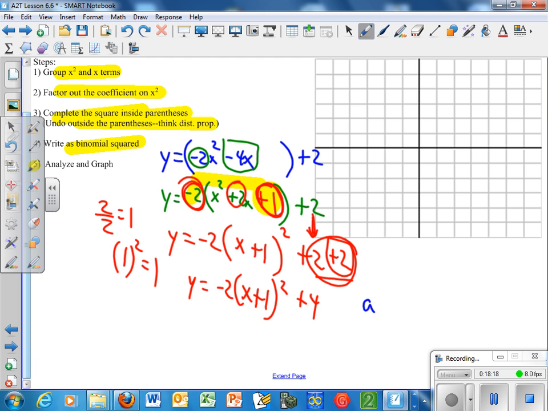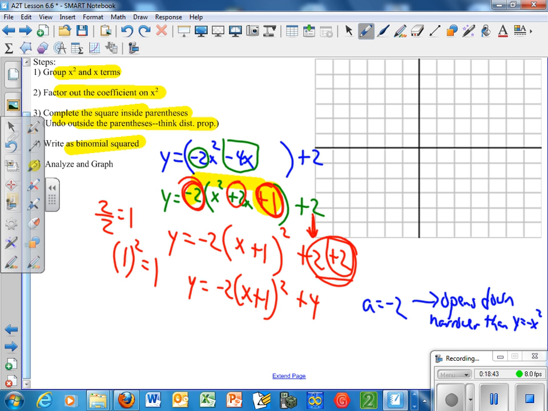So a is equal to negative 2. That tells me it opens down. And it's narrower than y equals negative x squared. It's skinnier. Now when I say narrower, skinnier.